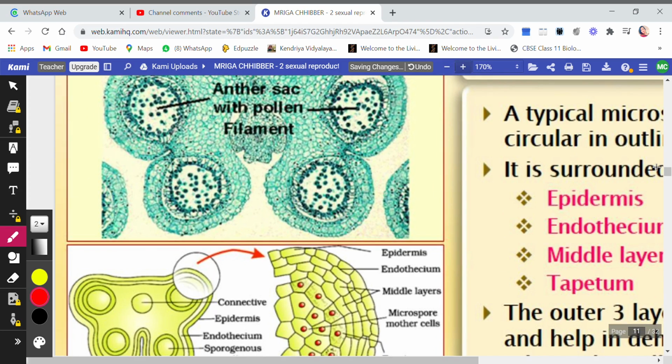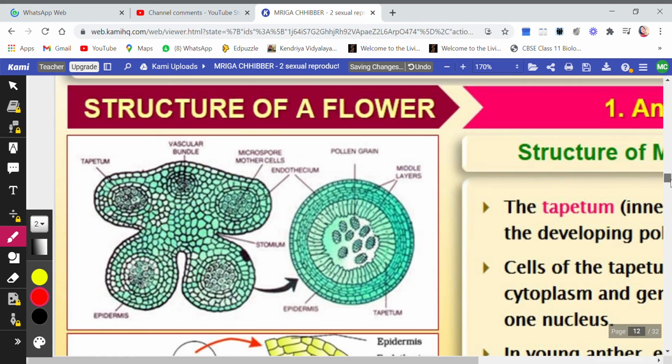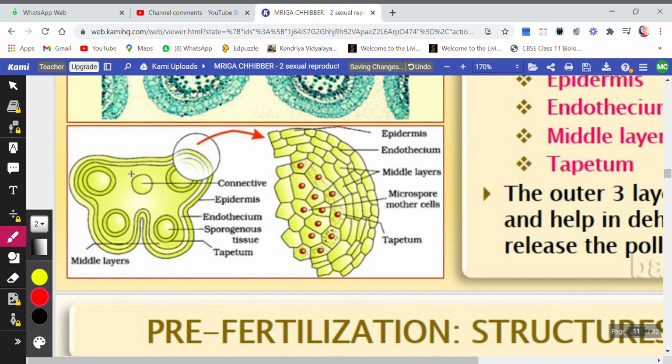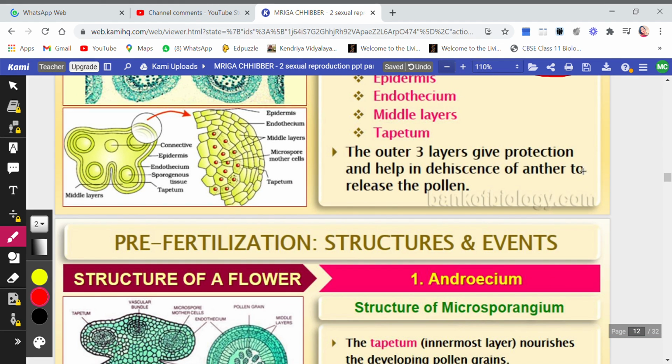You see these are the four wall layers here. They have just enlarged this portion so that you can observe all the four walls. So each microsporangium is almost circular in outline and there are four walls present.